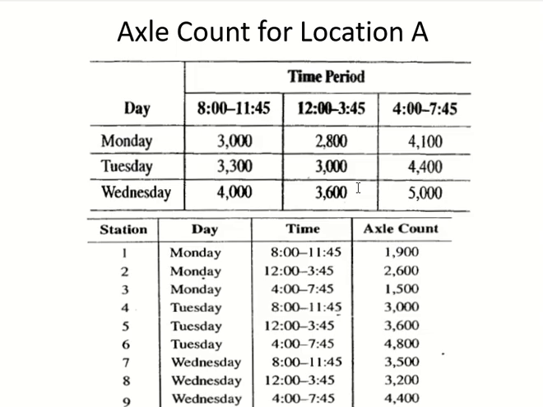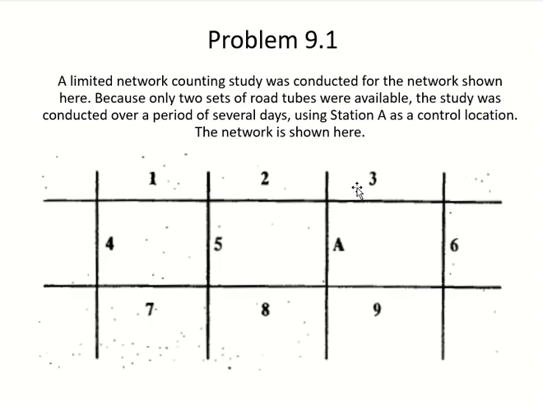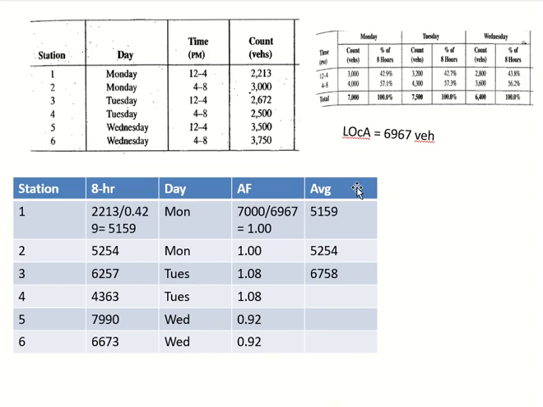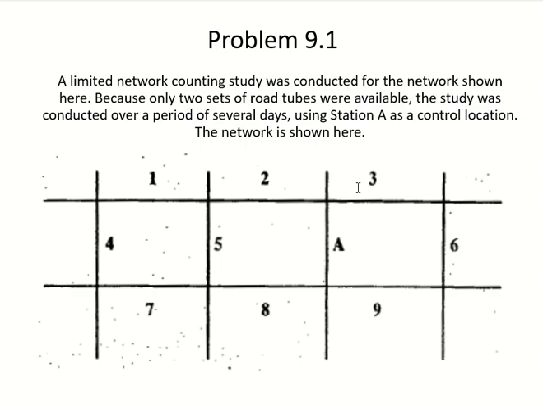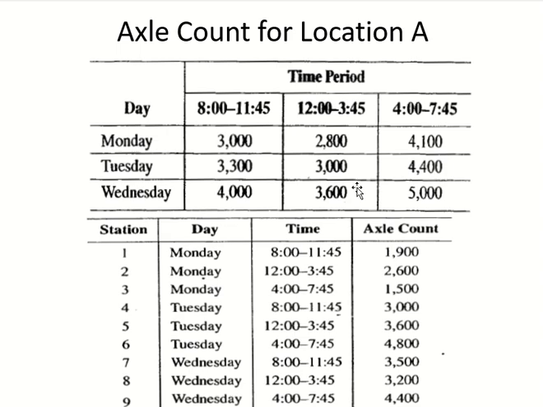Then the next step: you have the average of 3 days for the control. Till now you have calculated 1 day value for each count. So I need to convert it into average. For every day you will calculate an adjustment factor. You will need the average of 3 days for the control, and you will use the total upon the average to calculate the adjustment factor for that day.